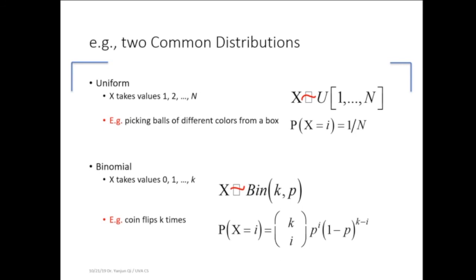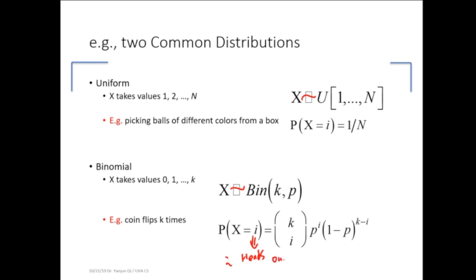And for the binomial distribution, the probability distribution is normally like this, because of the number of heads, right? You flip k times, what's the probability that i of them are heads?